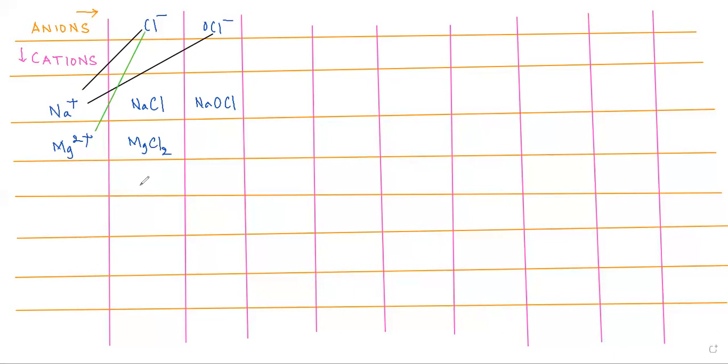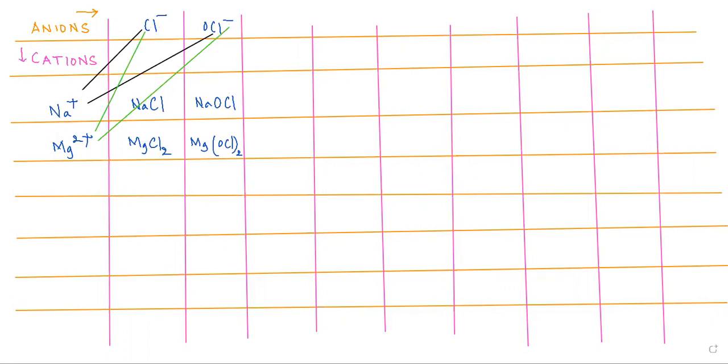So the formula comes out to be MgCl2. And now go for this. The same Mg plus 2, now with this. What do you get? You write it here. It is going to be MgOCl taken twice. I hope you got my point.